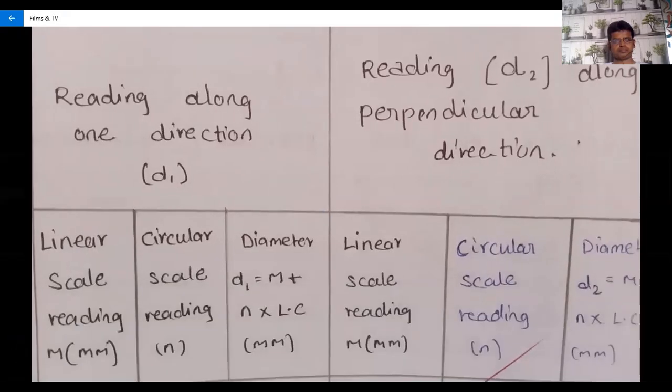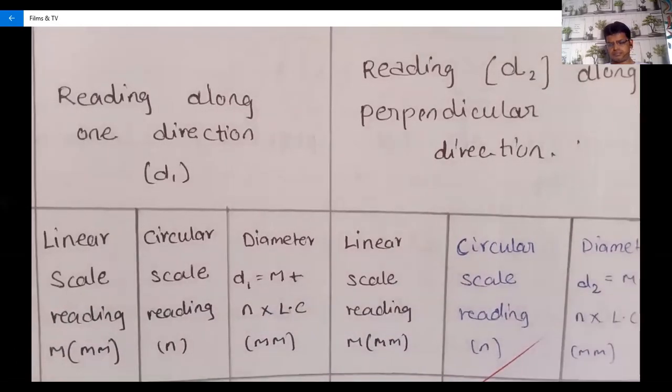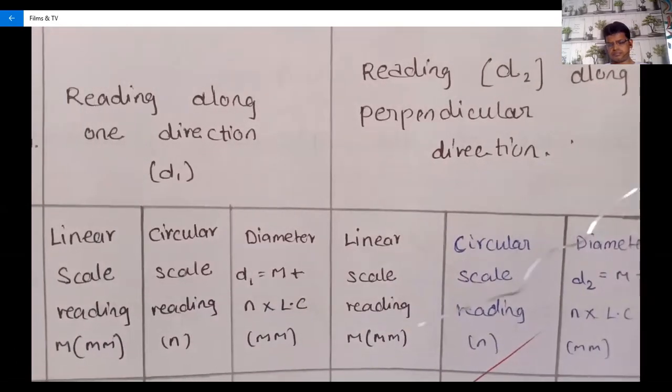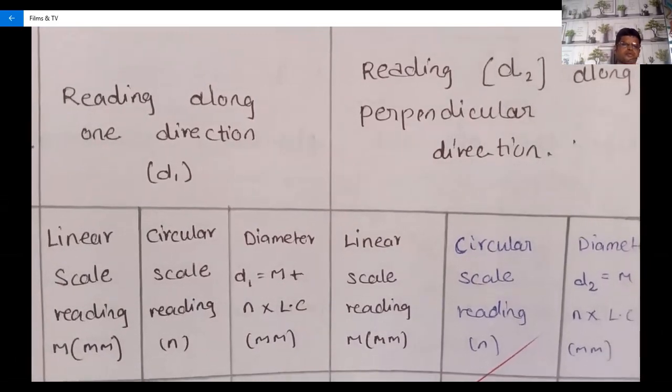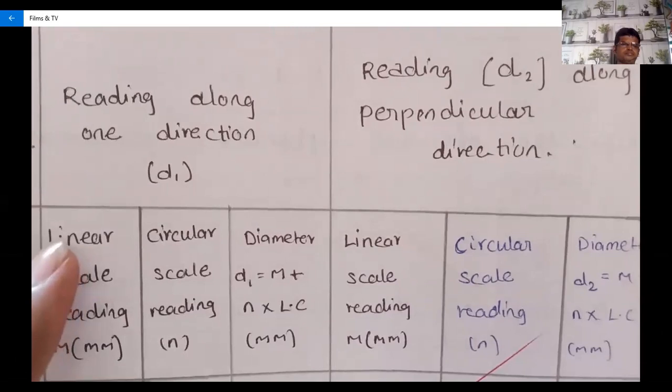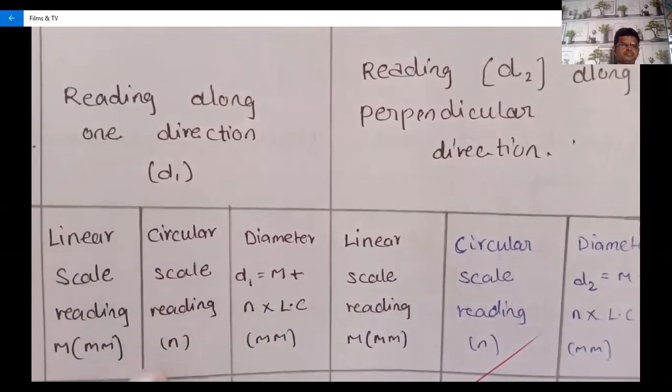Now, after finding the least count and the error, we find the diameter of this given thin wire. So for that, we want some values. One value you see here is the linear scale reading, the main scale, and the second is the circular scale reading, small n.